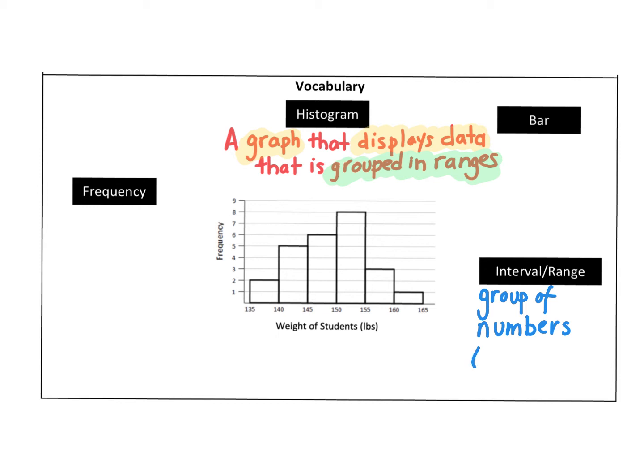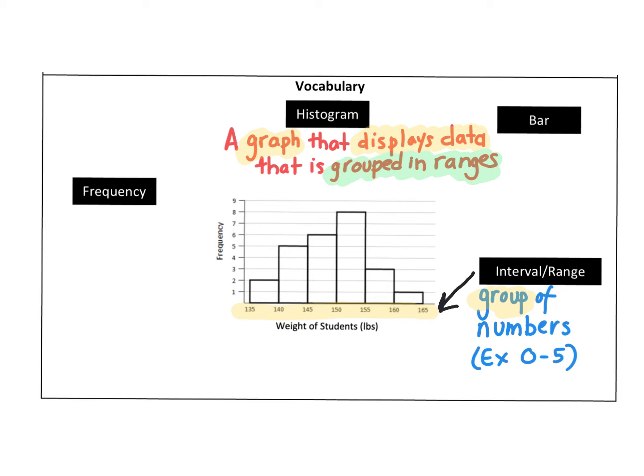For example, we'll put one here, like 0 to 5. Okay? It's a group of numbers. So again, when we talk about group of ranges, if you want to highlight this, this is a group. Okay? And here are the ranges right here. So you're going to want to highlight that with your highlighter, and then you're going to want to draw an arrow.